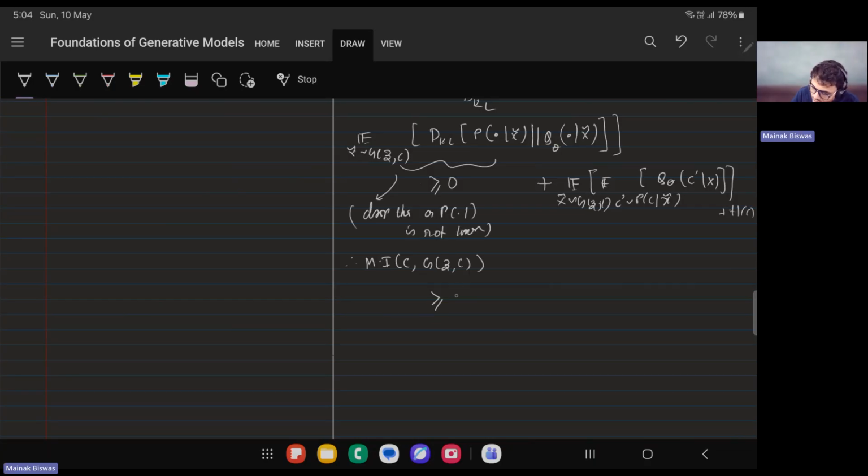Hence, we will compute it or lower bound it with the expected value of x tilde from G, the expected value of C dash from P(C given x tilde), log of Q theta of C dash given x plus H(C).